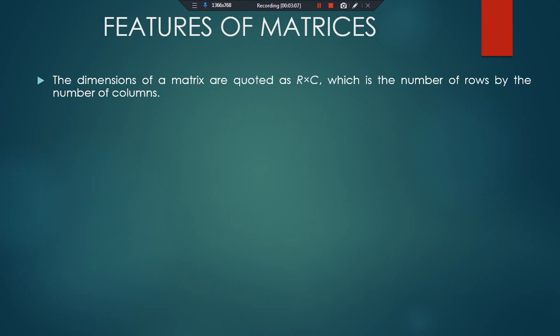Okay, the dimension of a matrix is quoted as R cross C. Here we have R, the number of rows, and C, the number of columns in a matrix. Each element in a matrix is referred to using subscripts.